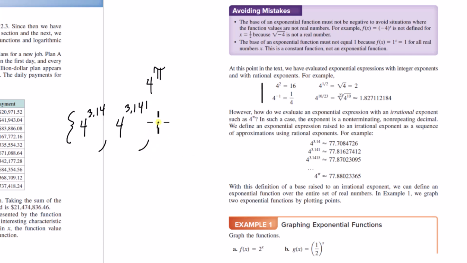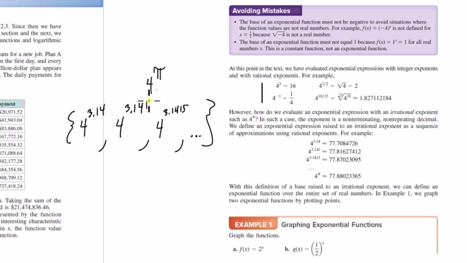And then the next term would be 4 to the 3.1415. And this would continue infinitely because the decimal never terminates. But the key is that each one of these terms in this entire sequence is a number that we understand, because it's a number raised to a rational exponent.